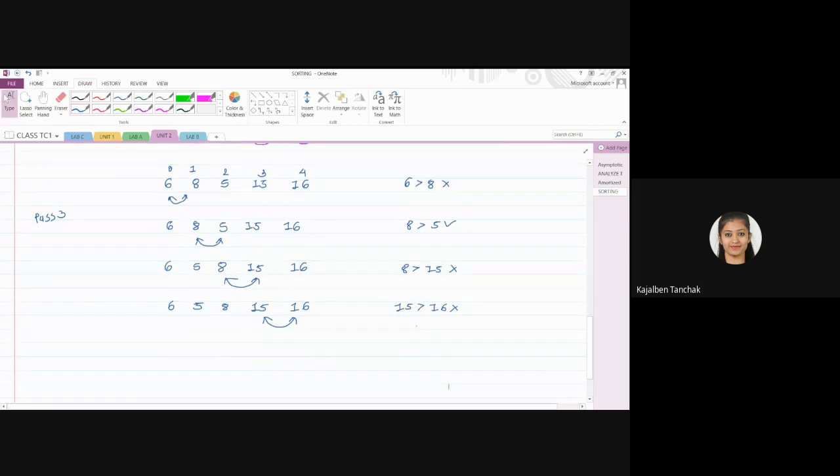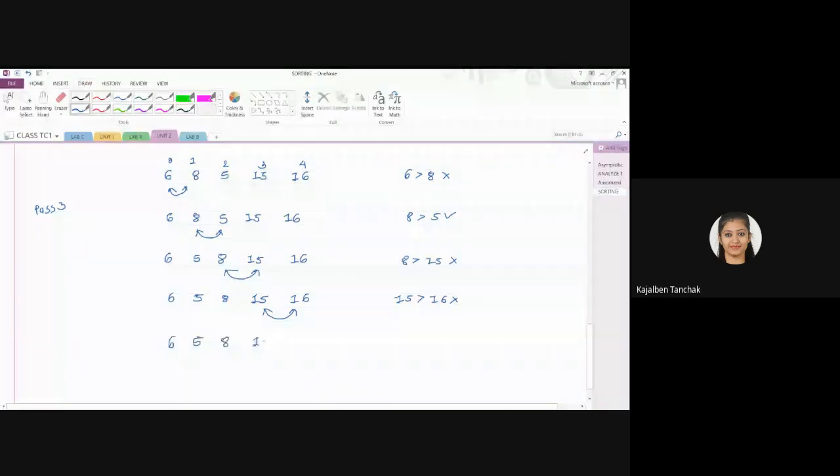So no swapping is there. Now you can see after the third pass, the third largest element has bubbled up to the third last position. So now you can see here 8, 15 and 16 position is fixed, right? Now still the array is not sorted, so we have to go for the pass number 4.